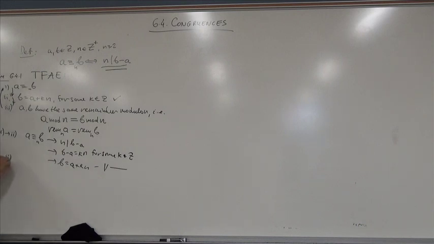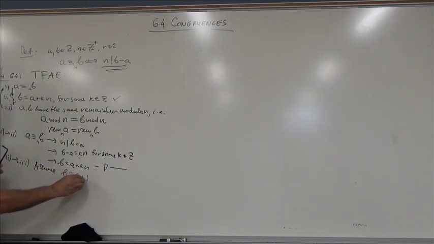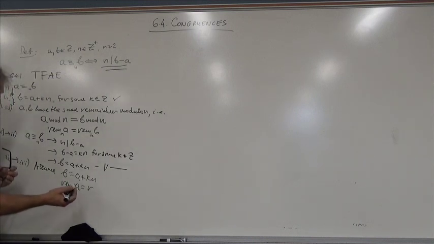What about 2 implies 3? Now I will assume that B equals A plus Kn, and let us assume that the remainder of A modulo n is R. This is just a little review of what we had in that section. What would that mean?